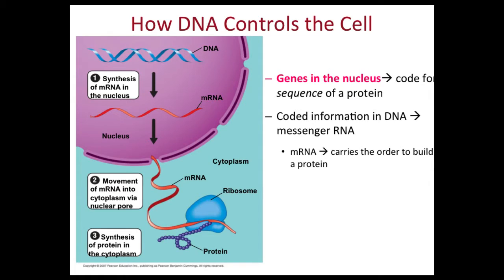The coded information in the DNA molecule is in the form of a messenger RNA. The messenger RNA carries the order to build our protein. Remember, when we're talking proteins, we're simply talking about polypeptides. And polypeptides are those long strings of amino acids.